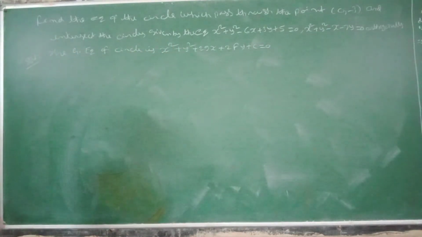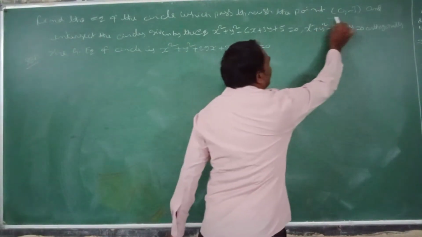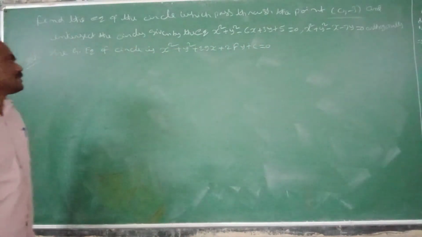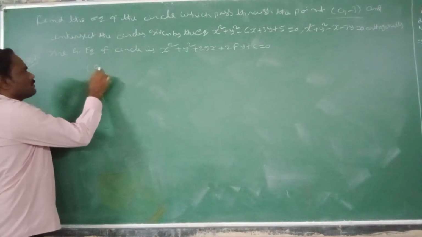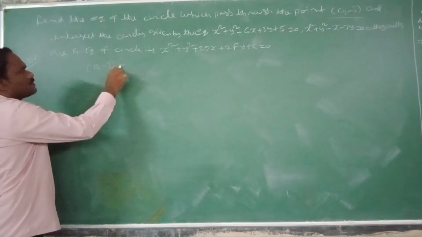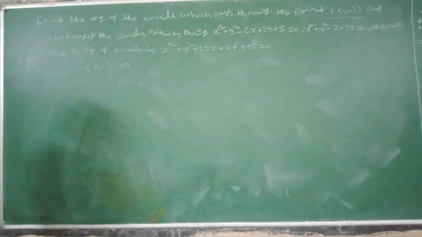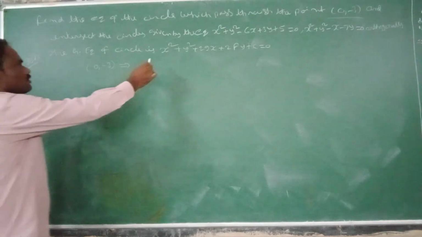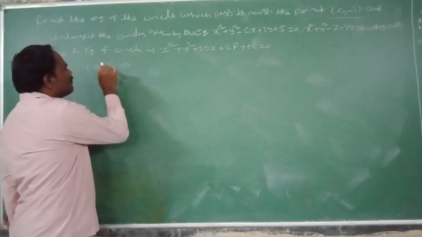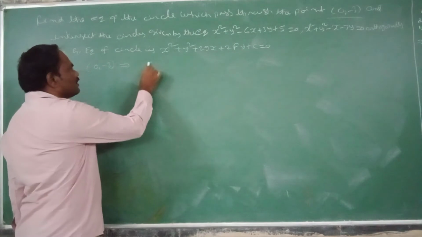In the given condition, the required circle is passing through the point 0 comma minus 3. So substitute the point 0 comma minus 3 in the general equation of the circle, we get the c value. So x is equal to 0, y is equal to minus 3.